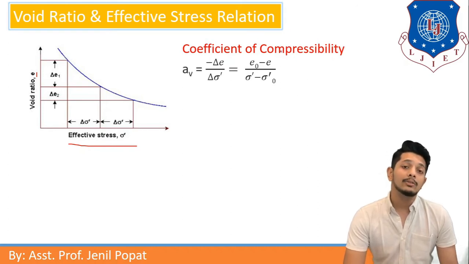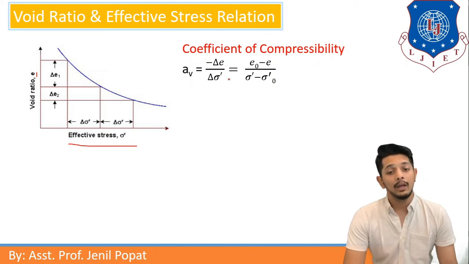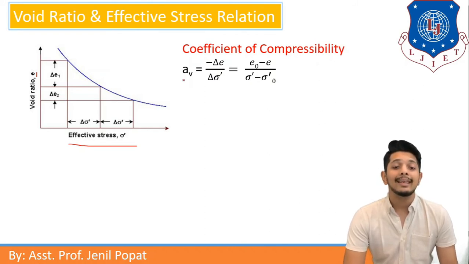The compressibility coefficient is defined as the change in void ratio per change in effective stress, and it is denoted by av. It is written as minus delta e upon delta sigma dash.